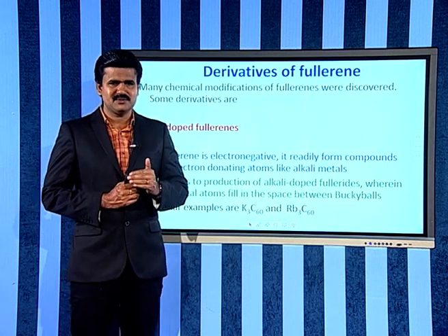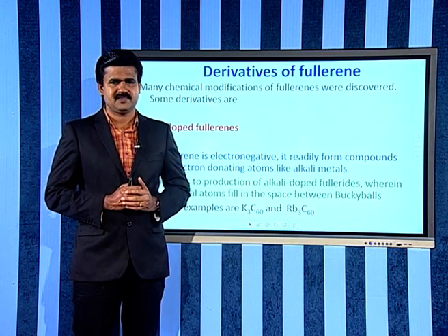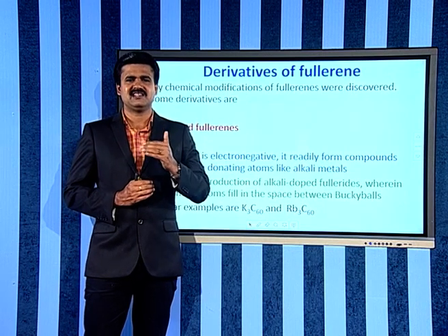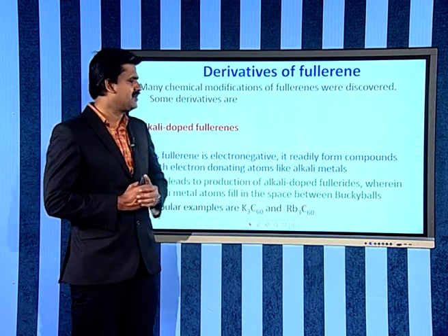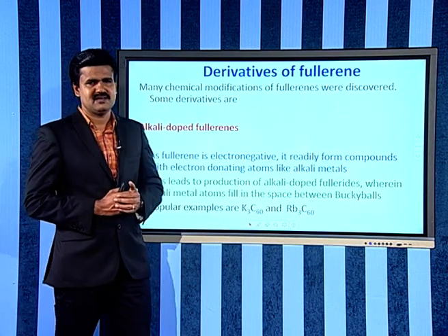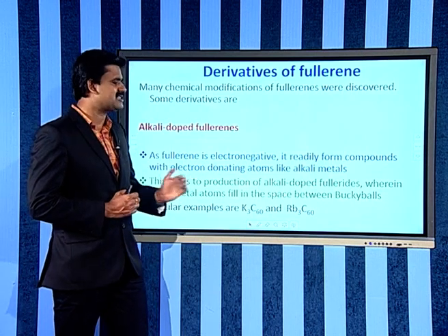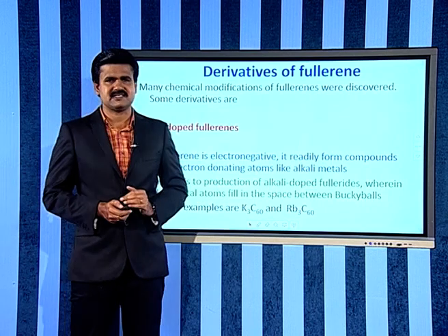This leads to the production of alkali doped fullerides. Here, alkali metal atoms fill in the space between buckyballs. Popular examples of alkali doped fullerenes include K3C60 and Rb3C60.